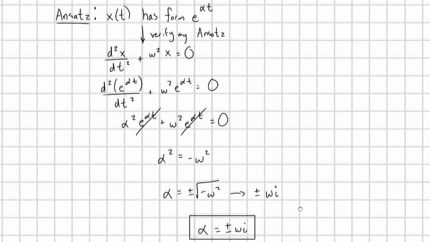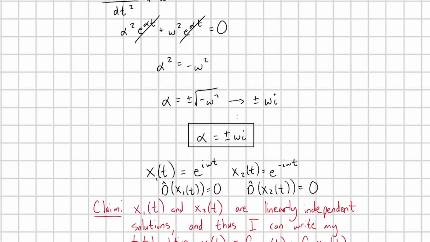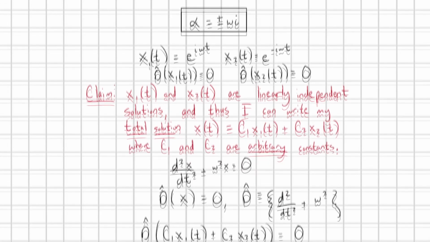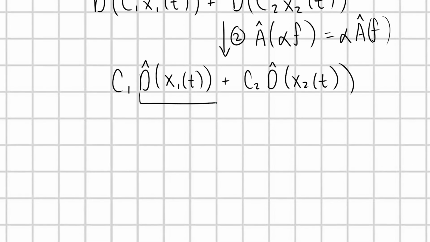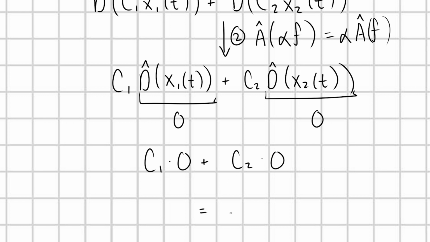That's what we did all of this work for, to find the alphas such that when I plug this solution into my differential equation, it would output 0. So what do you know? If d hat operating on x1 is 0, and d hat operating on x2 equals 0, we get c1 times 0 plus c2 times 0. This still all equals 0.